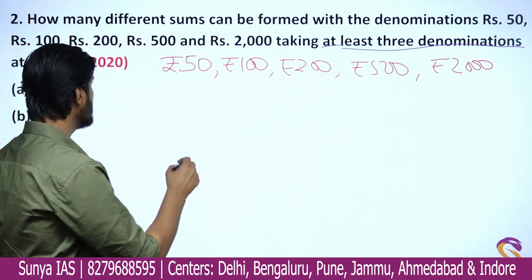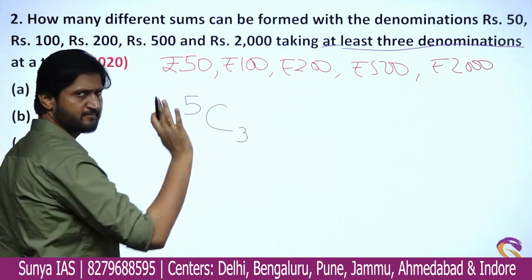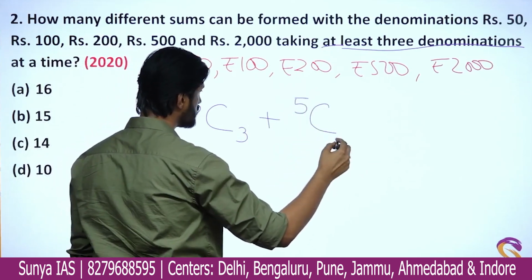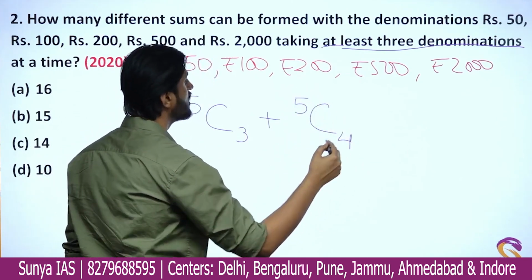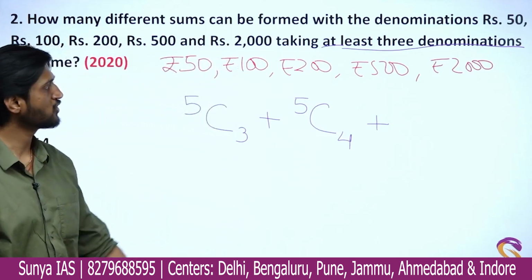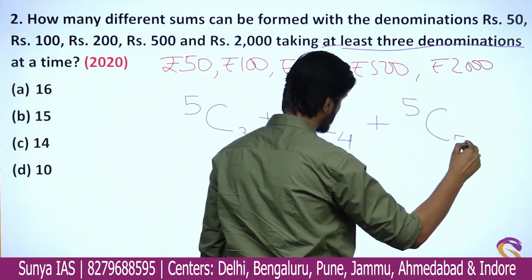So that is, either out of 5 we can choose 3, at least 3, or out of 5 we can choose 4, and further out of 5 we can choose all the 5, right?